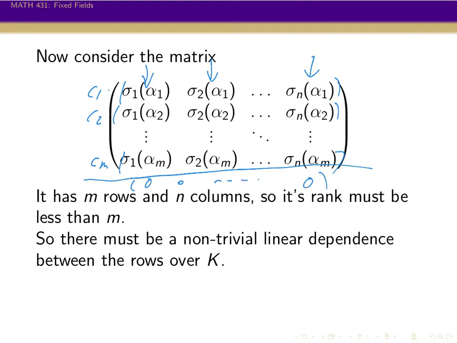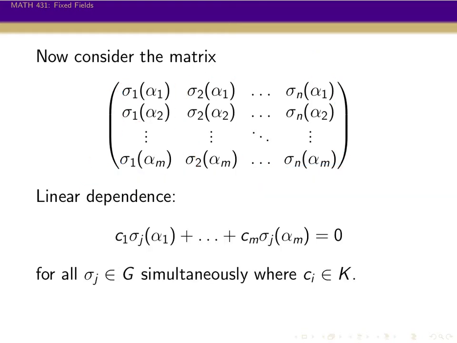So breaking these up and looking down each column individually, you'll see down the columns we're fixing the elements of G, right? And so the linear dependence is going to look like, through each column, for each sigma j, we're going to have C1 times sigma j of alpha 1 plus dot dot dot C sub m sigma j of alpha m equal to 0.